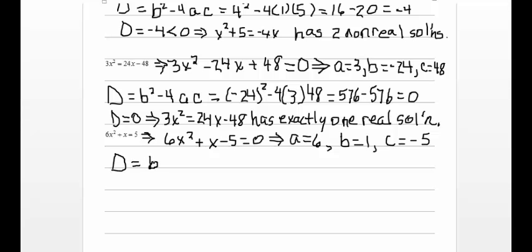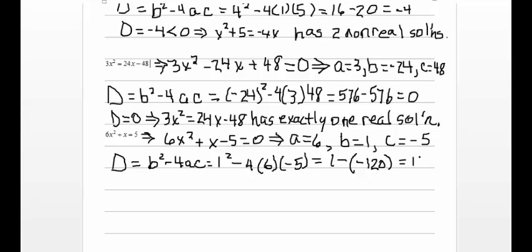So our discriminant is b squared minus 4ac, and that equals 1 squared minus 4 times 6 times negative 5, which is 1 minus negative 120, which is equal to positive 121.